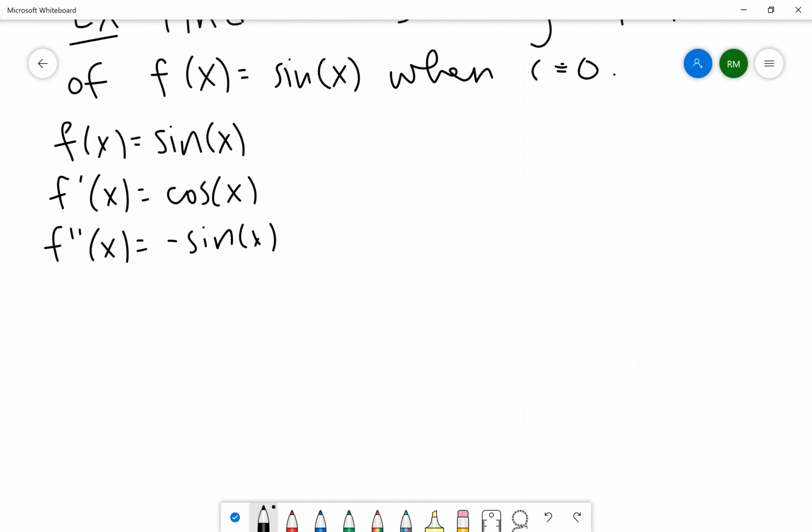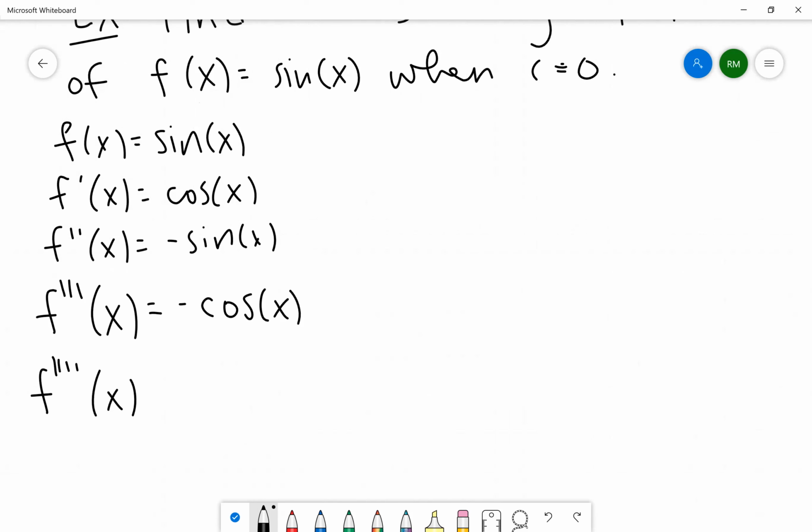The third derivative is the negative cosine. And the fourth derivative is the sine. And the fifth derivative is the cosine.